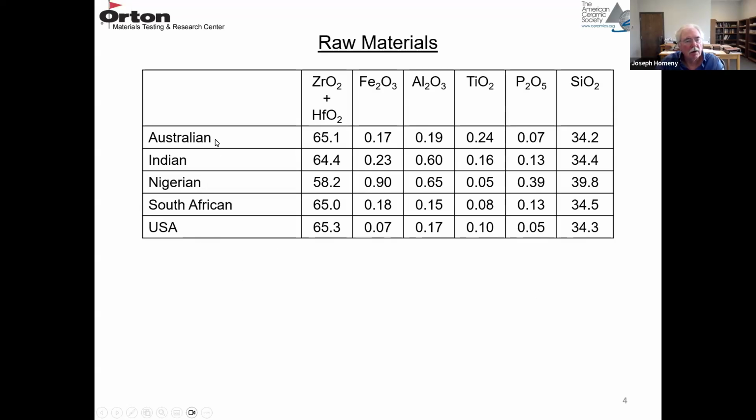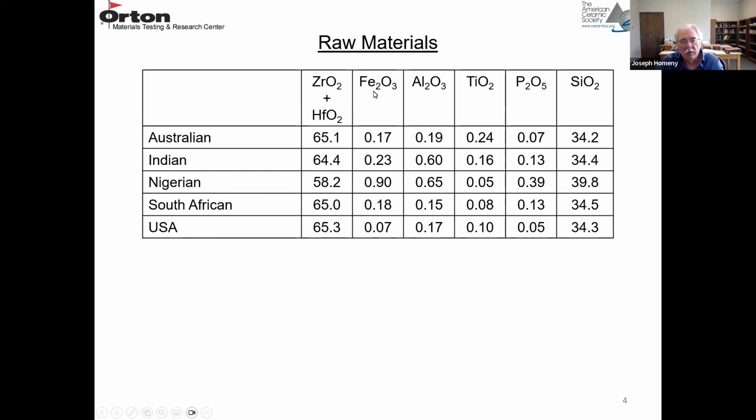So here's some raw materials, one from Australia, India, Nigeria, South Africa, and America. So this is ZrO2 plus, let's say, a trace amount of HfO2. They're all about 65% except this one, which is a little bit lower. And if you look at the silica contents, this should be about 34, 35%. This one's a little higher, almost 40%.